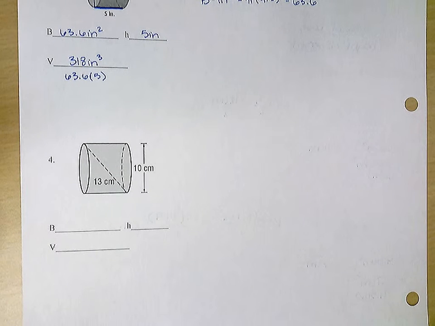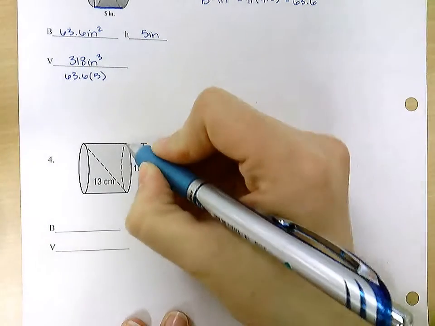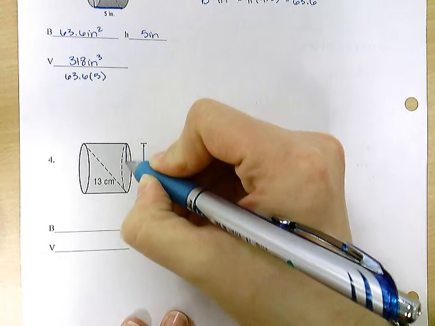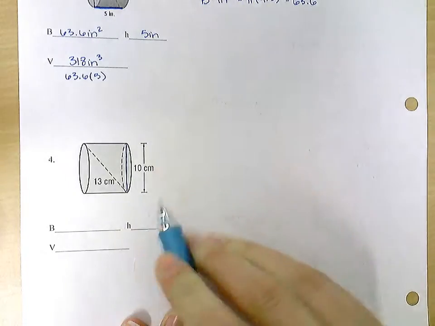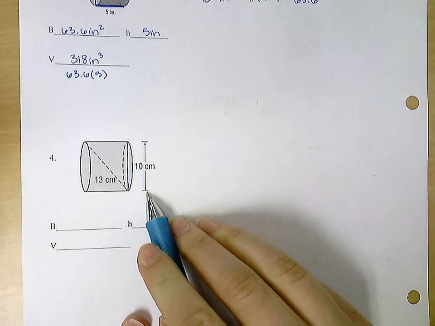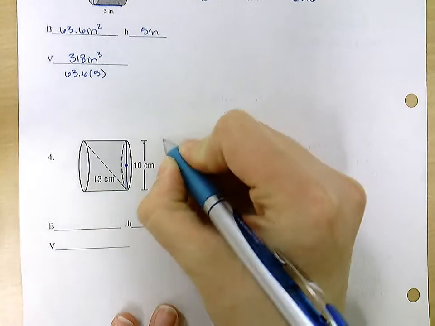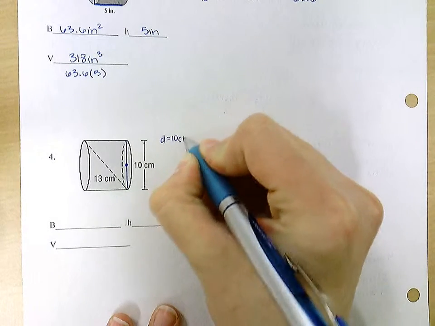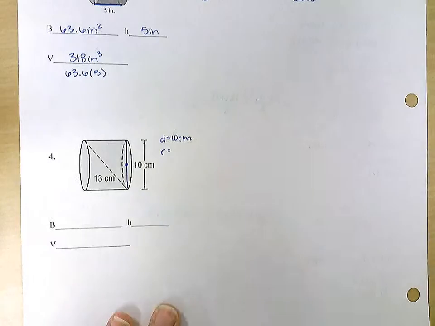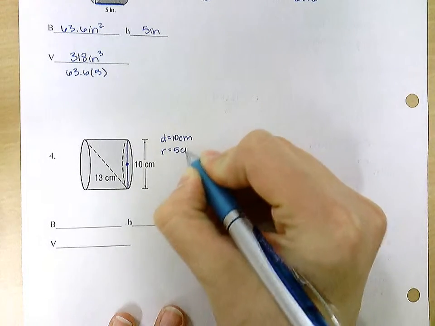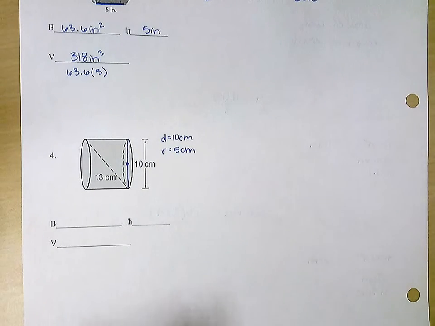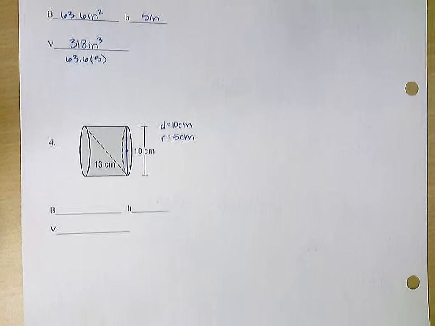Again, cylinder, so we need the radius of that circle. Now this 10 right here on the side is talking about the diameter of that circle. So our diameter is 10 centimeters. What does that make our radius? 5. Okay, so our radius is 5 centimeters.